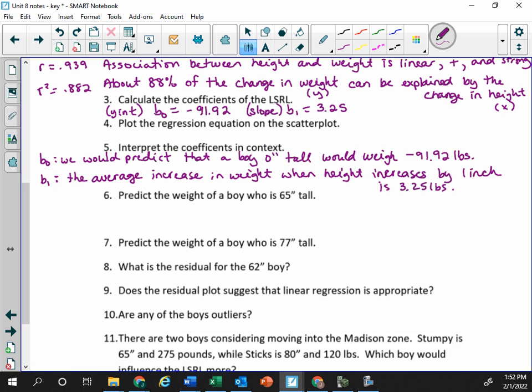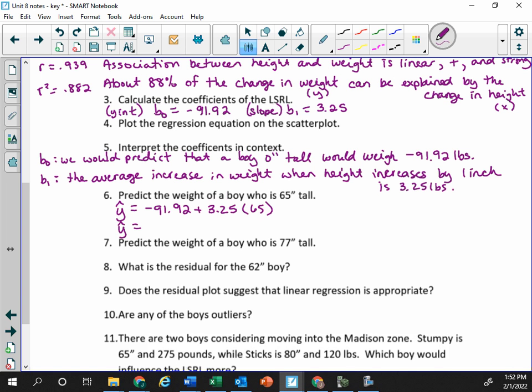All right, guys. How do we predict the weight of someone who's 65 inches tall? Yeah, what do you think, Josh? 65 is correct. Yep, plug 65 in for x. So I'm just going to do predicted y is negative 91.92 plus 3.25 times 65.